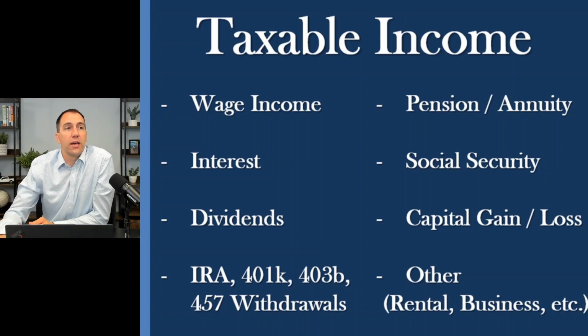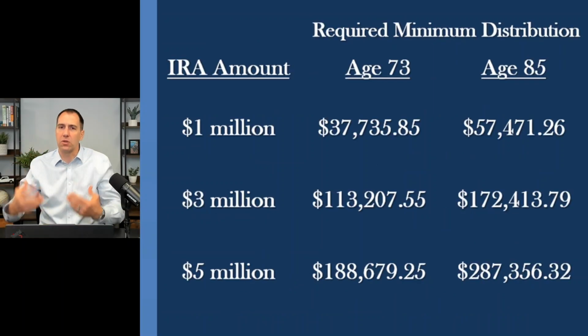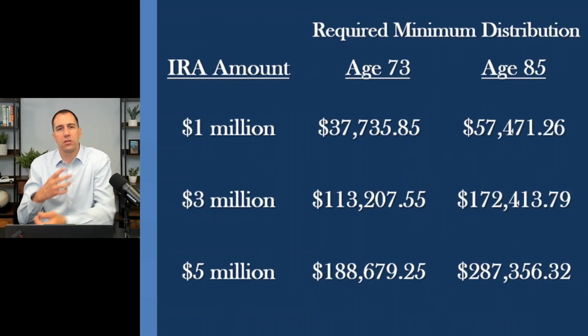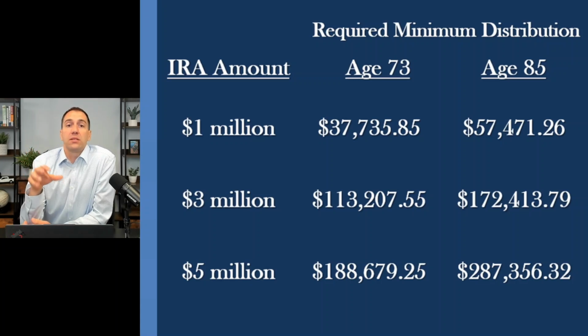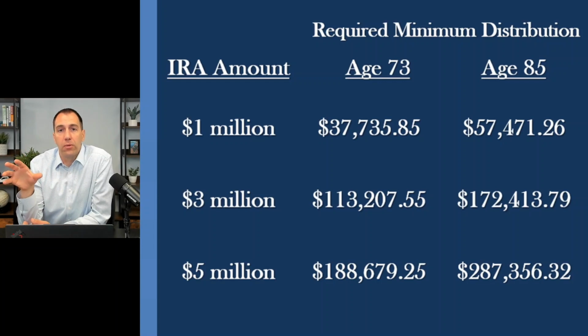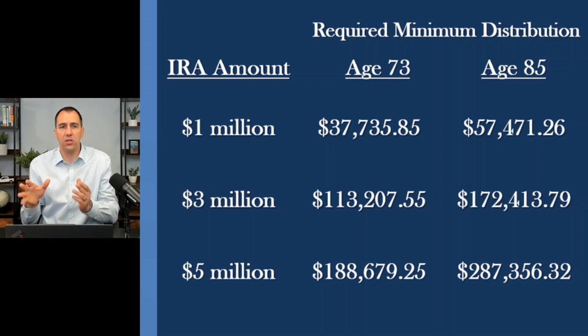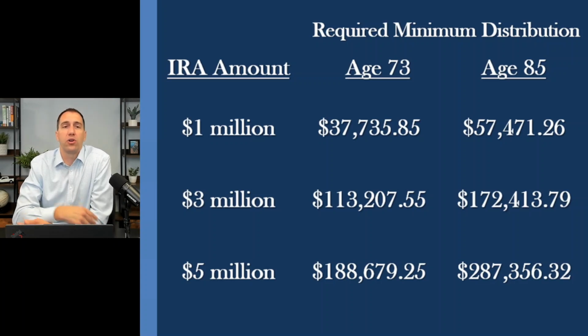So take a look at this, just to kind of, again, give you some knowledge before we talk about the strategies. This is based on the 2024 required minimum distribution table. And just to kind of give you an idea, so then you can look at your accounts and go, wow, that's how much I'm going to have to take out in my future. So let's just say this year, a person who is age 73 had to start taking required minimum distributions.